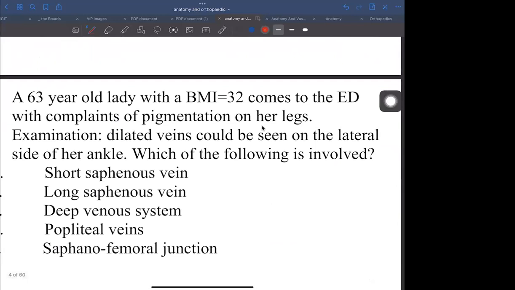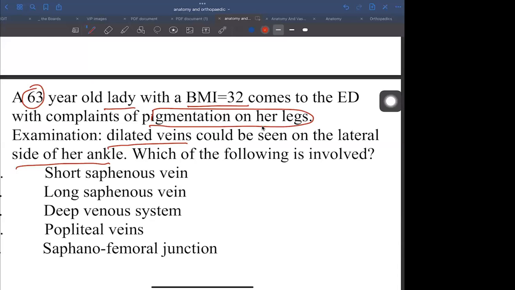Okay. We have a 63-year-old female patient, high BMI, pigmentation in her legs. On examination, you found dilated veins that could be seen on the lateral side of her ankle. Which of the following is involved? We didn't explain the veins of the lower limb, but that's the question now.